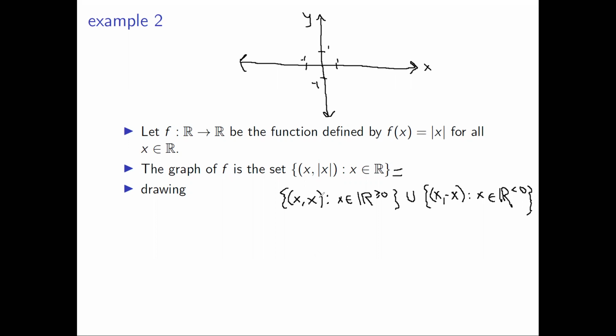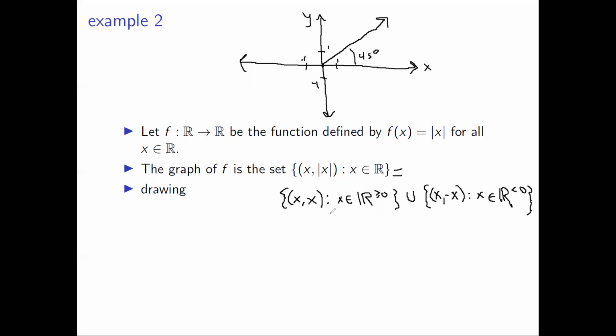That first set looks like the one we just drew on the previous slide. It's the ordered pairs x, x, except it's only half of it. It's only for x in the non-negative reals. So we start from the origin, and then we can just draw going up this way, roughly. So we got a 45-degree angle there. The angle is not part of the drawing. It's just to clarify the drawing.